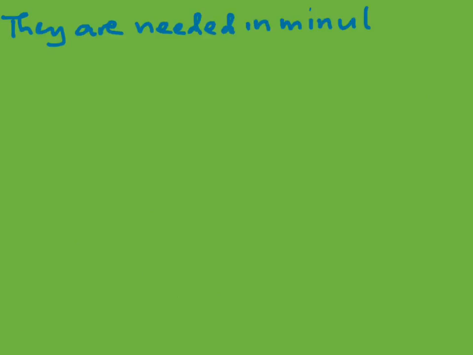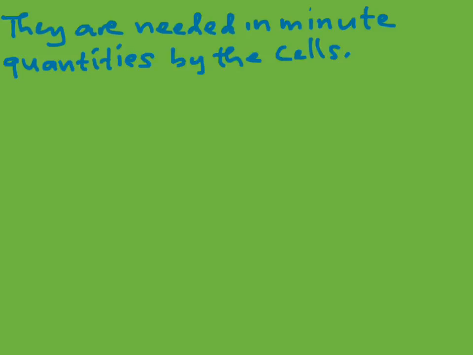They are needed in minute quantities by the cells. This is also very important because we may think that since enzymes help to speed up chemical reactions, they must be poured in large quantities. No, they are needed in minute quantities. Therefore, the amount does not matter.